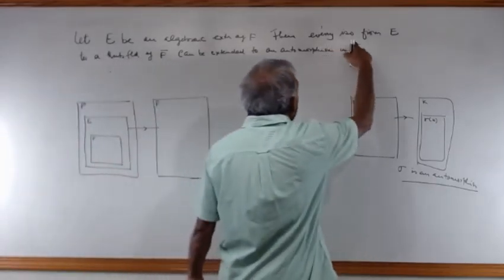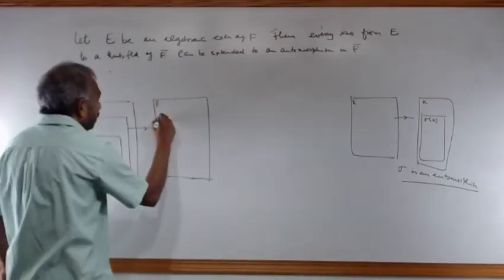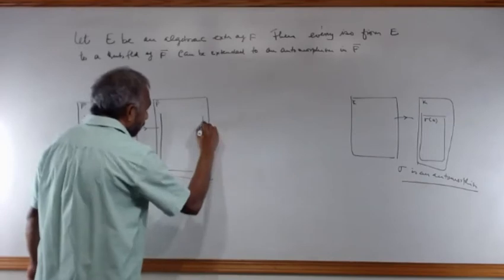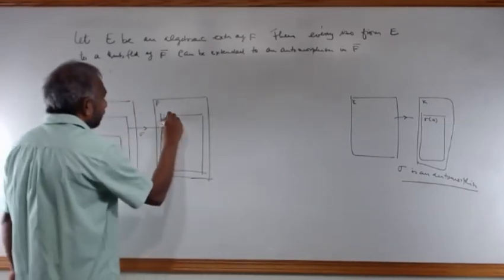Every isomorphism from E to a subfield of F closure. So this is our sigma, and this is our sigma of E.